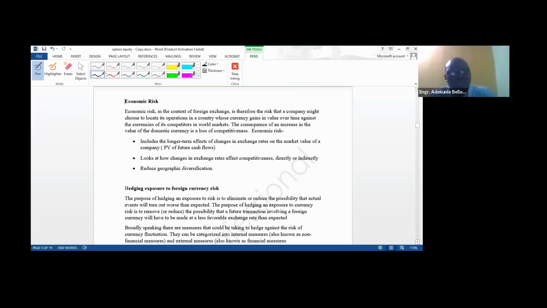Our next discussion is hedging currency risk. How can we hedge against currency risk?